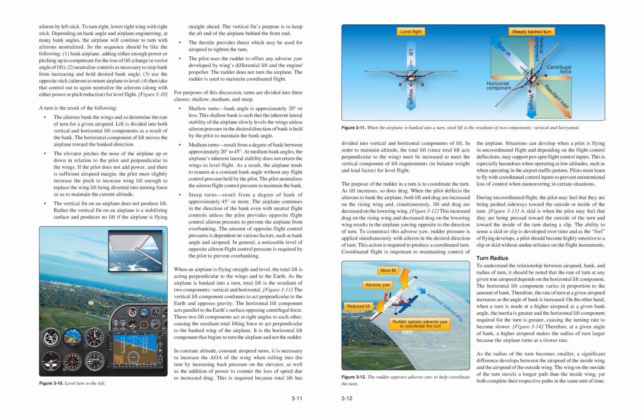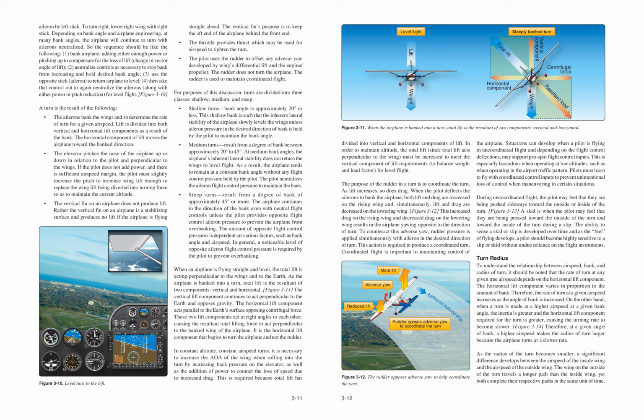Figure 3-12. This increased drag on the rising wing and decreased drag on the lowering wing results in the airplane yawing opposite to the direction of turn. To counteract this adverse yaw, rudder pressure is applied simultaneously with aileron in the desired direction of turn. This action is required to produce a coordinated turn.